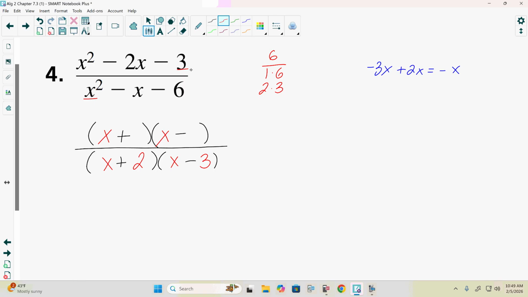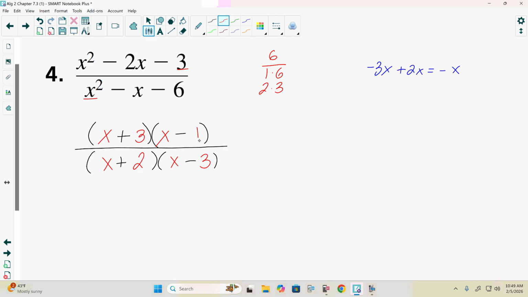Now, we also know if this is going to simplify, we need something to be in common on top and bottom, yes? So could I put the 3 here and the 1 here, then have something simplify? Because giving this here, we have x plus 3 times x minus 1 on top, yes?